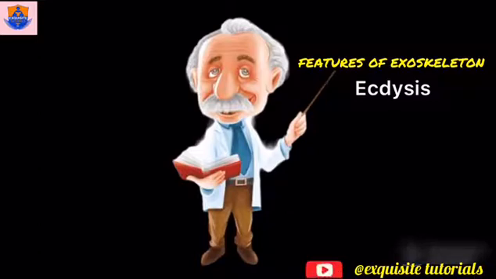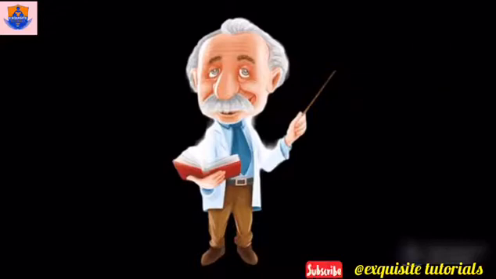As the animal grows, the exoskeleton begins to shed off by a process called what? Ecdysis. It will interest you to note that this exoskeleton is tough and the joint is made by chitin.